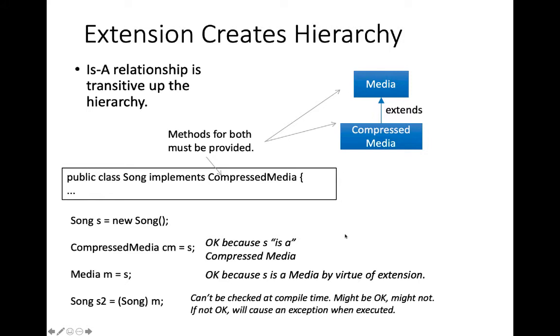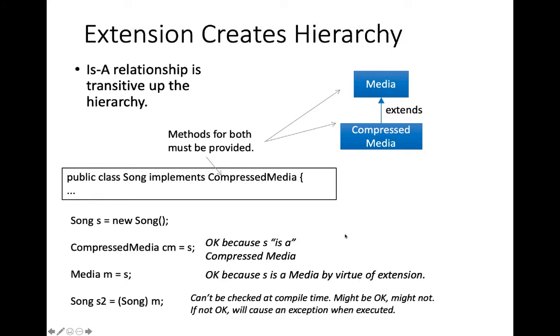A Song object now has an is-a relationship with CompressedMedia, because it's declared as implementing it, but it also has an is-a relationship with Media, and we can use a Song object anywhere that is-a relationship is valid.